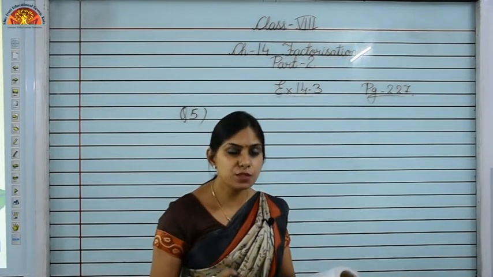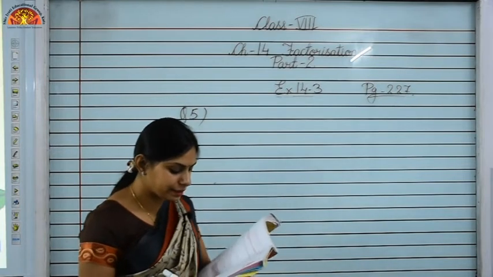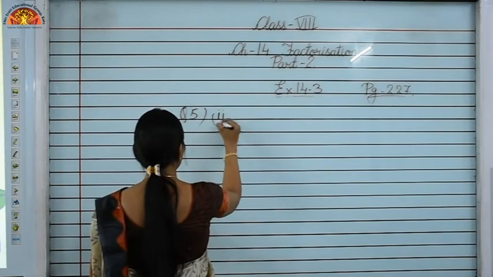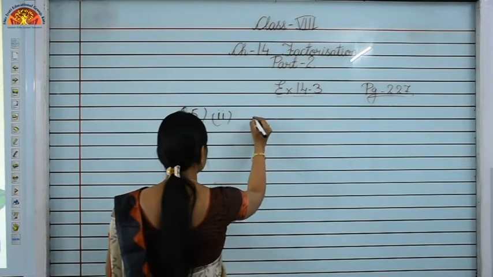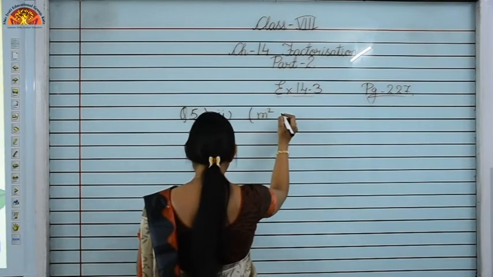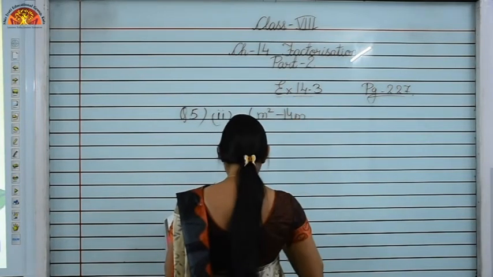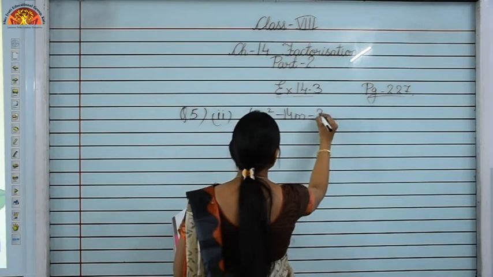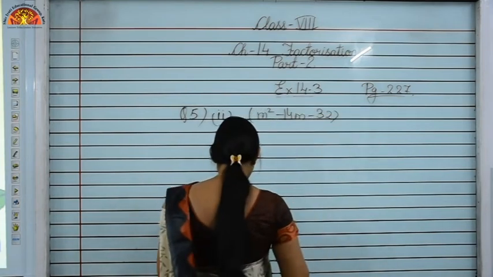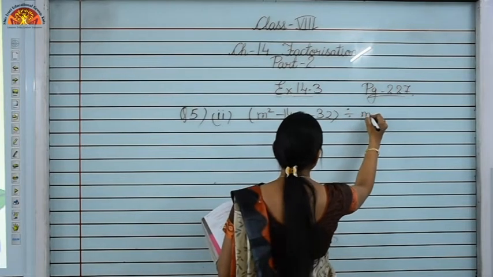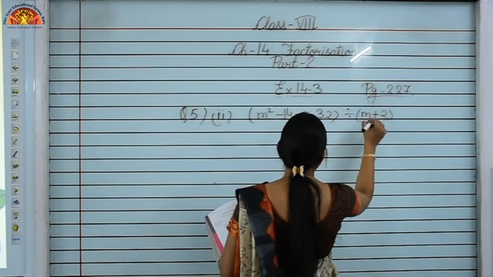You have to just factorize the expression and then divide them. So just see the second part, question 5. Second part, (m square minus 14m minus 32) divided by (m plus 2).